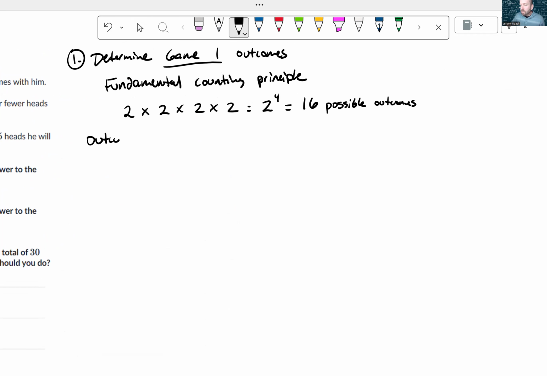So we're going to write the outcomes, the number of heads, and the result for all 16 of these possibilities.